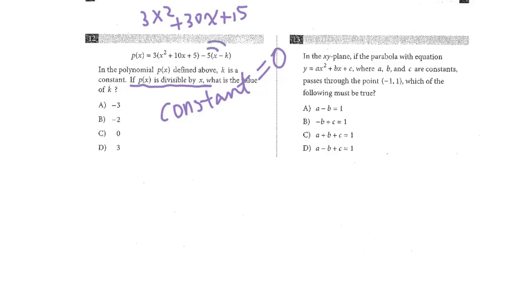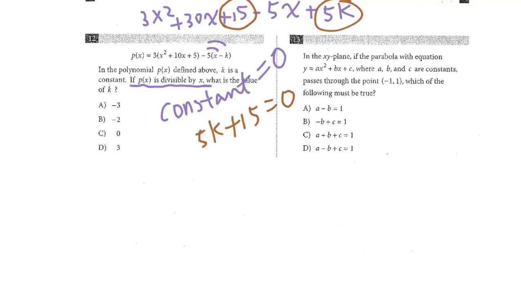Then distributive property here is -5x plus 5k. You have to make sure that 15 plus 5k is equal to 0. And so k equals -3.